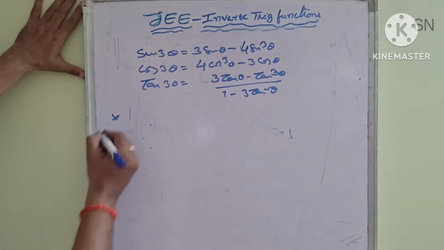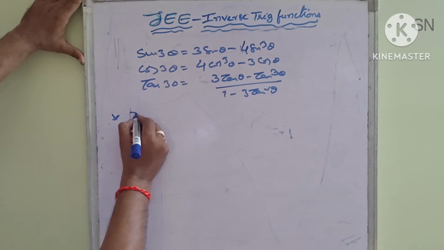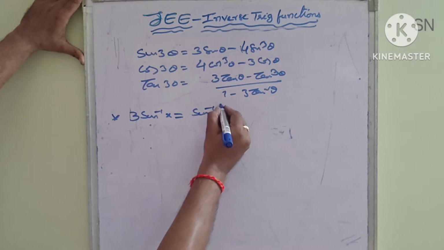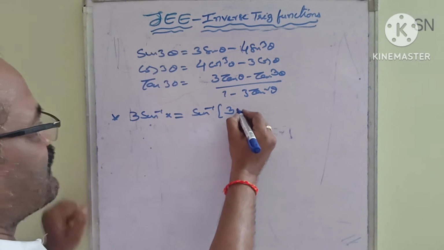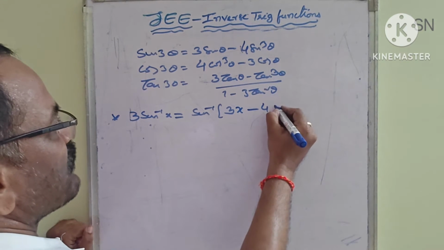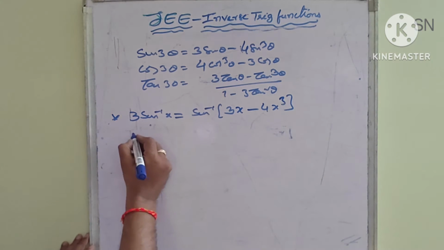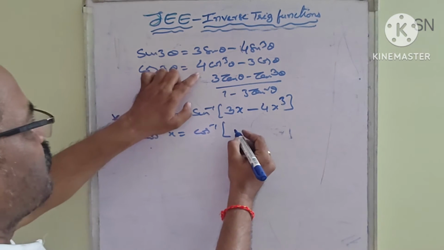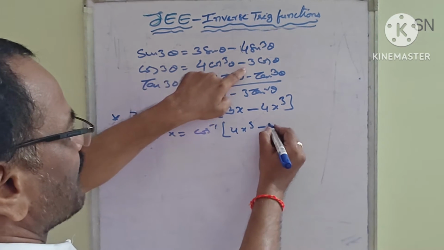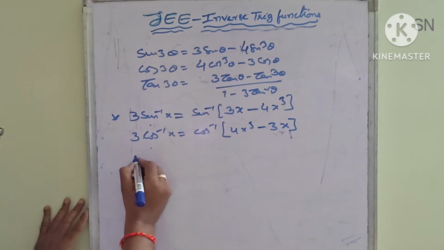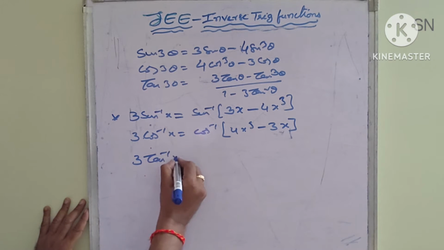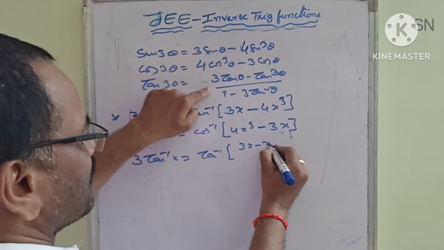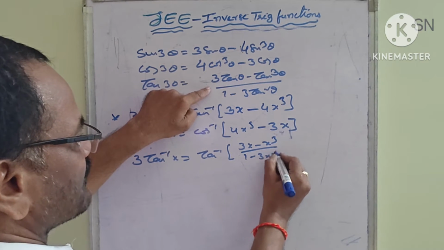Now apply the inverse trigonometric functions. 3 sin inverse x means sin inverse of 3x minus 4x cube, since sin theta is x and sin cube theta is x cube. Now 3 cos inverse of x is cos inverse of 4x cube minus 3x. And 3 tan inverse of x means tan inverse of 3x minus x cube by 1 minus 3x square.